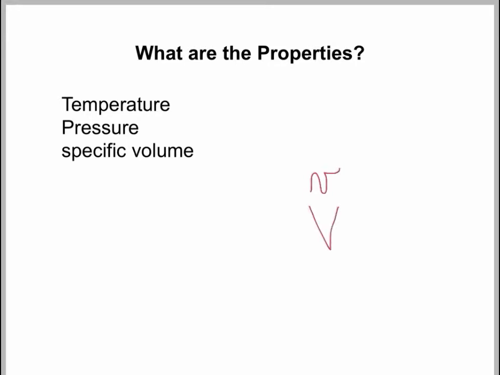Uppercase V would be volume, where we have length cubed, whereas specific volume would be a length cubed per unit mass. The internal energy, we had talked a little bit about that in our chapter 2 dealing with the first law of thermodynamics, and the internal energy would be an uppercase U or a lowercase u.